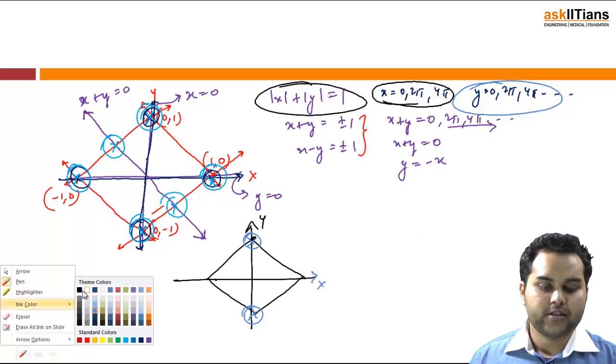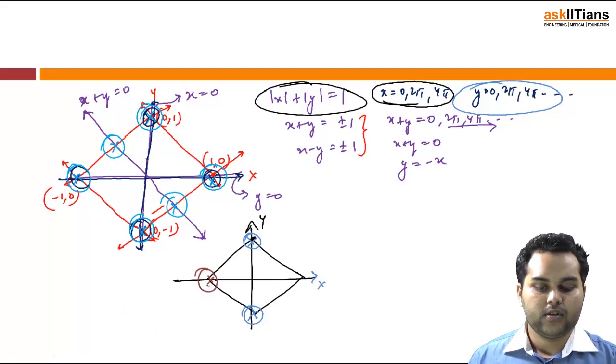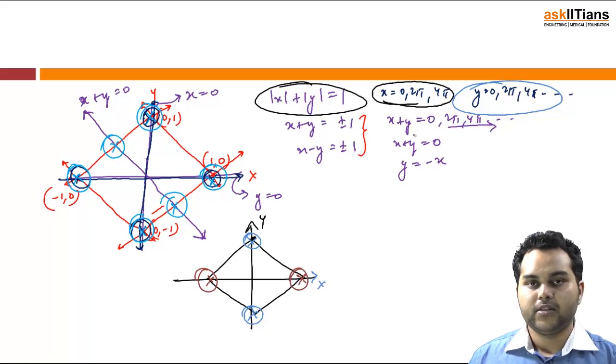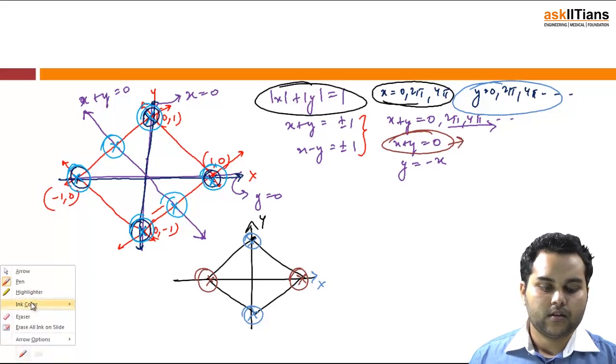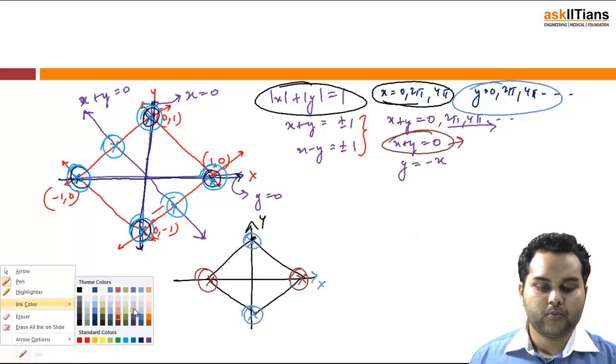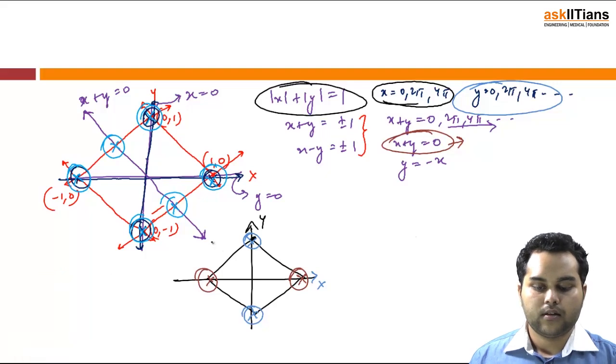and the points of intersection of the mod x plus mod y is equal to 1 and y is equal to 0, hence were these two. After this, there was one more equality that I got, which was this, which when plotted gave me this straight line.